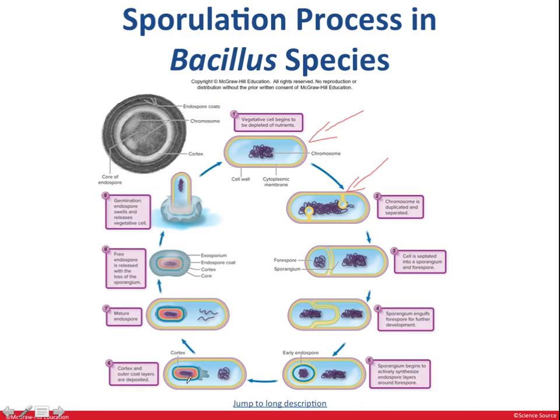The cortex is an ultra-tough, very thick outer layer to prevent the tough environment from destroying the endospore. Once the outer coat becomes thicker and thicker, the endospore is matured.